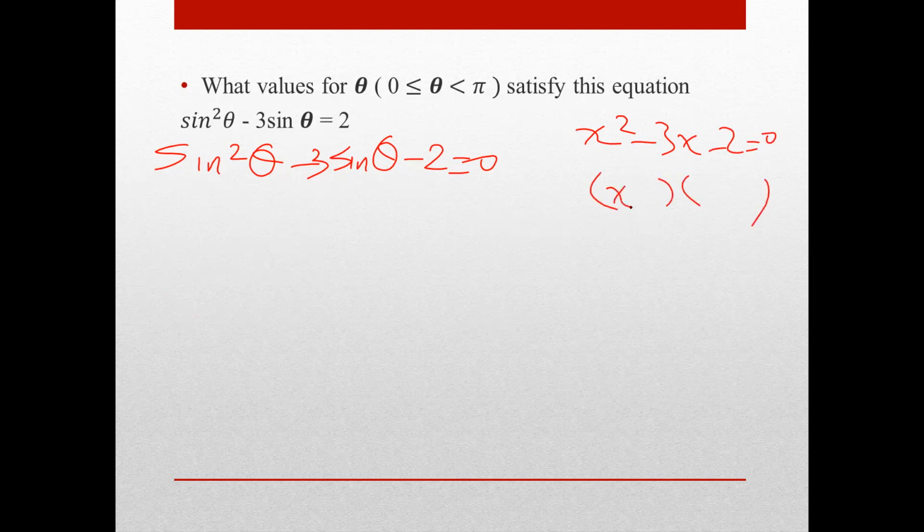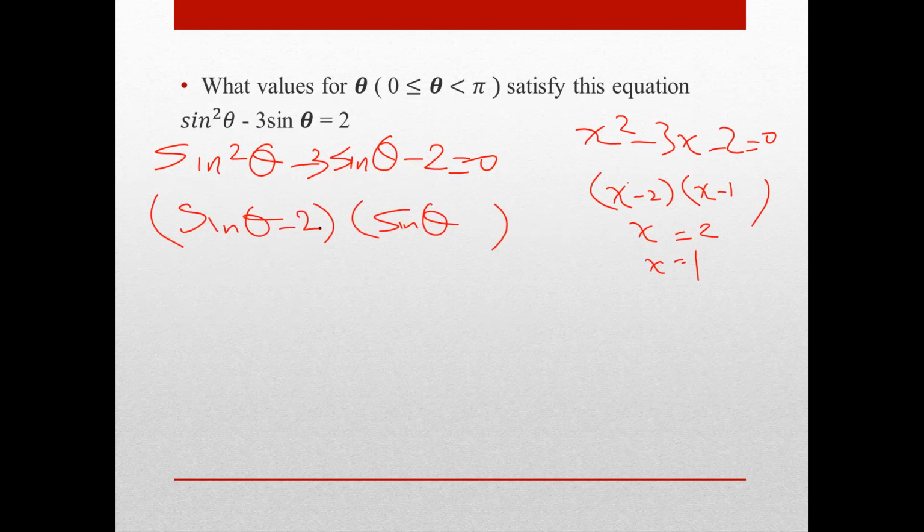We say x minus 2 and x minus 1, so minus 2x minus 1x is minus 3x. But instead of x, you have to write sine theta. I'm sorry, here we have something wrong.